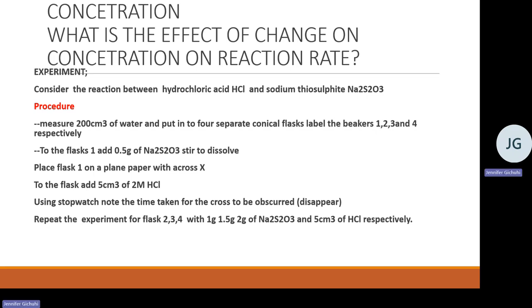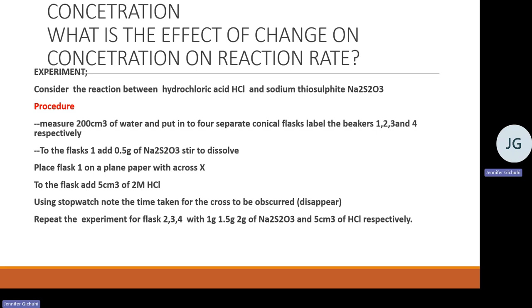I would want to explain just a little before we move on to the other experiments, that during the reaction between hydrochloric acid and sodium thiosulfate, one of the products we get is sulfur, and sulfur is a yellow solid. So as the reaction proceeds, the sulfur is produced.